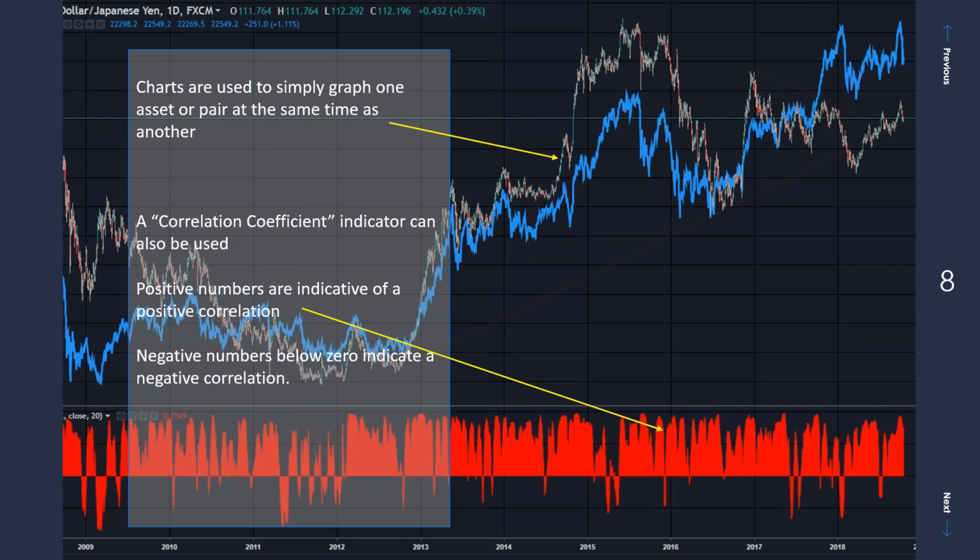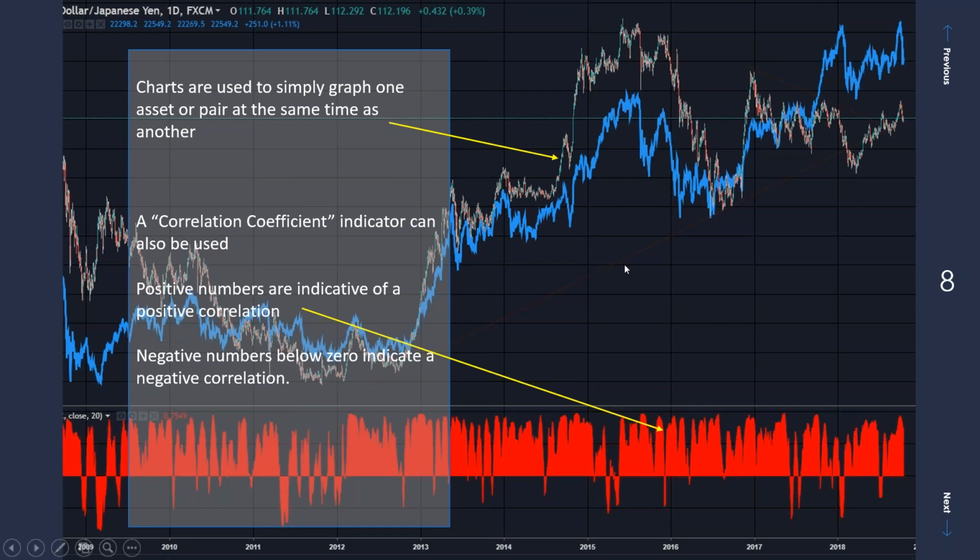Obviously, the higher or more positive that is, the stronger correlation you have. If it goes negative and is consistently negative, that's the inverse correlation we were speaking to earlier. If something's all over the place, then there's not much of a relationship to speak of.